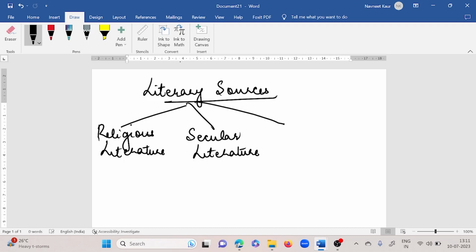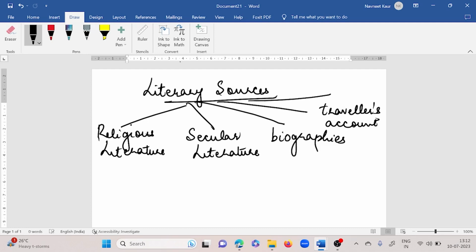We'll study biographies. We'll study travelers' accounts. And last but not the least, chronicles. Fine, these are the literary sources.